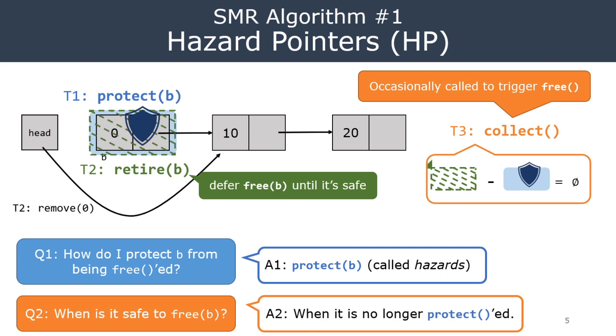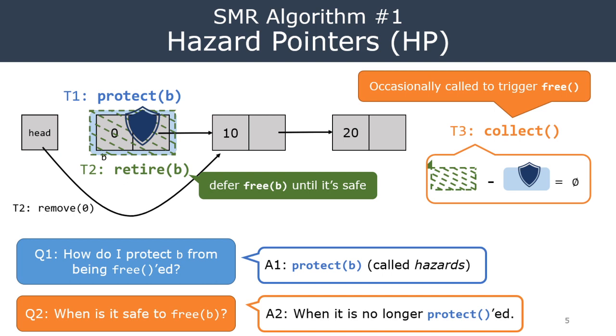And this kind of job is usually done by a collect function, which may be called by any thread. In this collect function, we list the retired pointers, figure out which pointers are not protected by any threads, and those blocks will be deallocated.